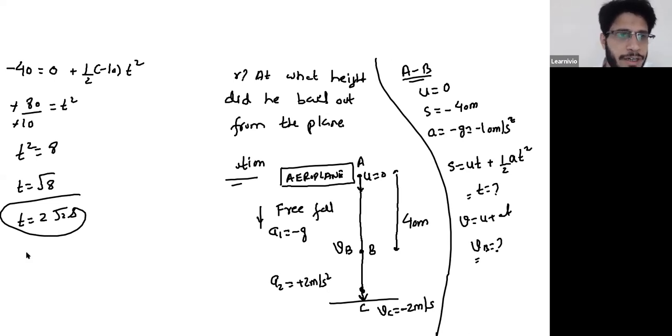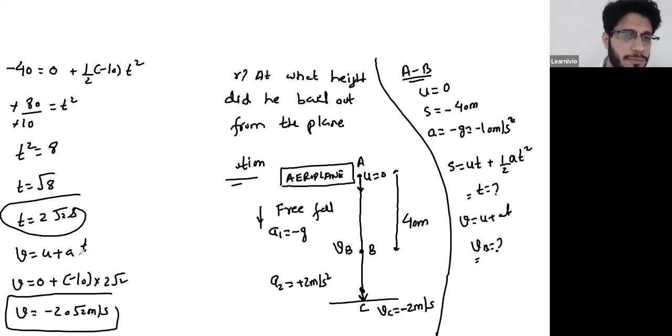Once you have calculated time, you can calculate velocity. v is u plus at. Just keep on substituting the values. Initial velocity is 0, your acceleration is minus 10, your time is 2 root 2. So it comes out to be minus 20 root 2 meter per second. This is the velocity. Is it clear?